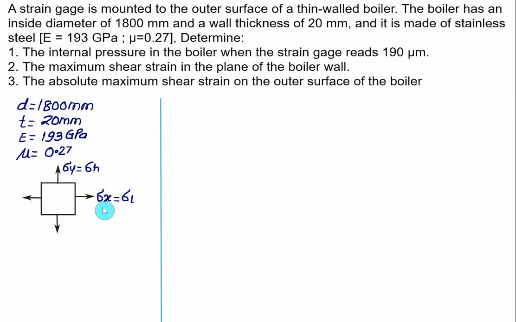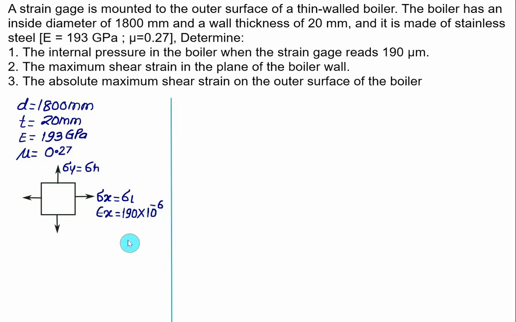We are given that the strain gauge reads 190 micron. That value we treat as the epsilon x value, since it is given along the axis. 190 micron is 190 into 10 to the power minus 6. Strain is a dimensionless term.